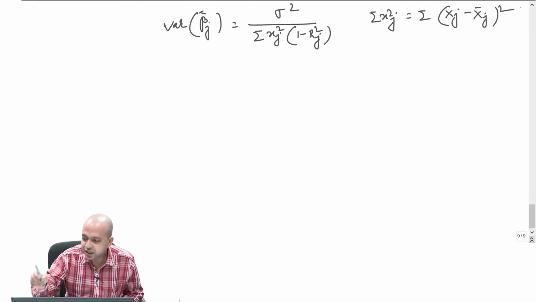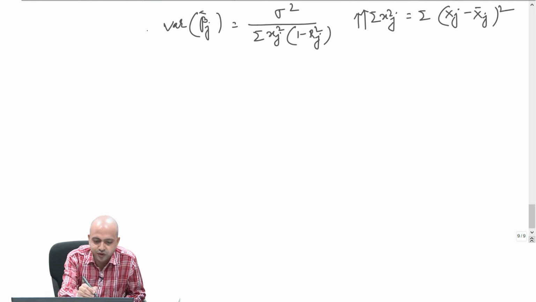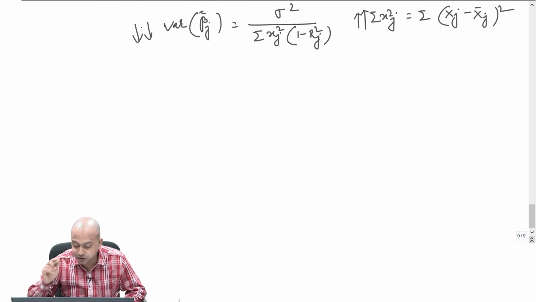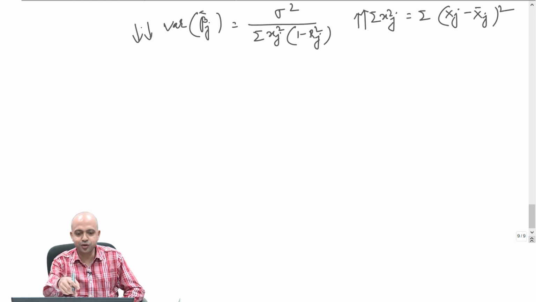So, if you increase the sample size, obviously this will also increase. That is why when this increases, the variance of beta hat j will come down. That is why increasing the sample size will solve two problems. You will have individuals with higher income, lower wealth, and lower wealth, high income. At the same time, you are reducing the severity of the multicollinearity problem as well.